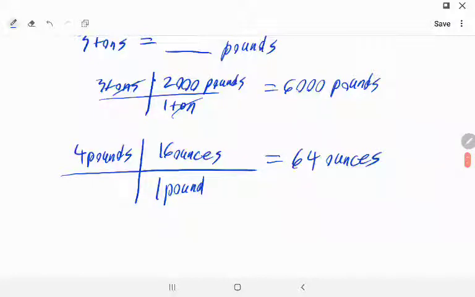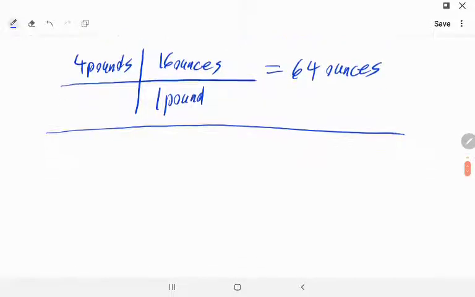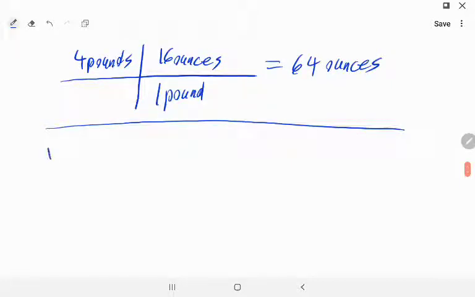You have to be careful though, you notice that these ounces are for weight. We'll talk just briefly about how we can also think of volume in the US system.